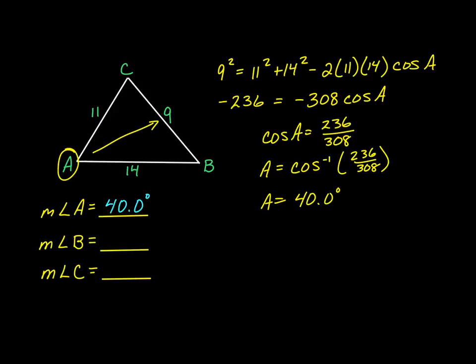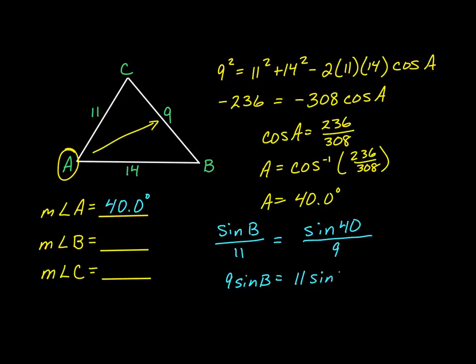All right, so now we can set up law of sines to find the next angle. So let's go ahead and find angle B. Law of sines would be sine of angle B over 11 equals the sine of the 40 degrees that we just found over the side opposite that, which was 9. So then if we cross multiply, that will give us 9 times the sine of angle B equals 11 times the sine of 40.